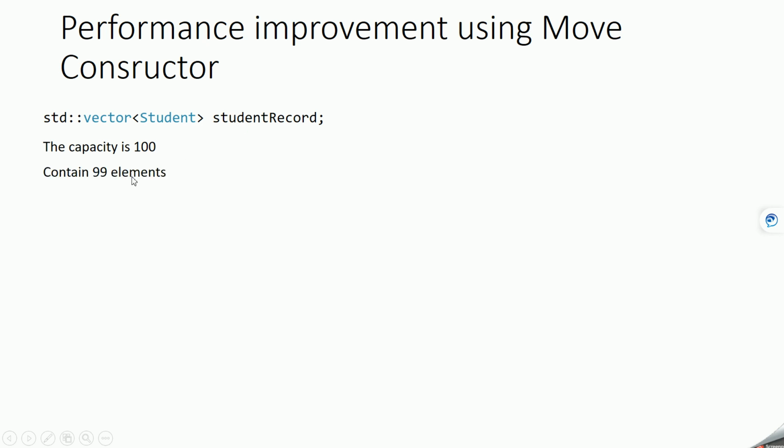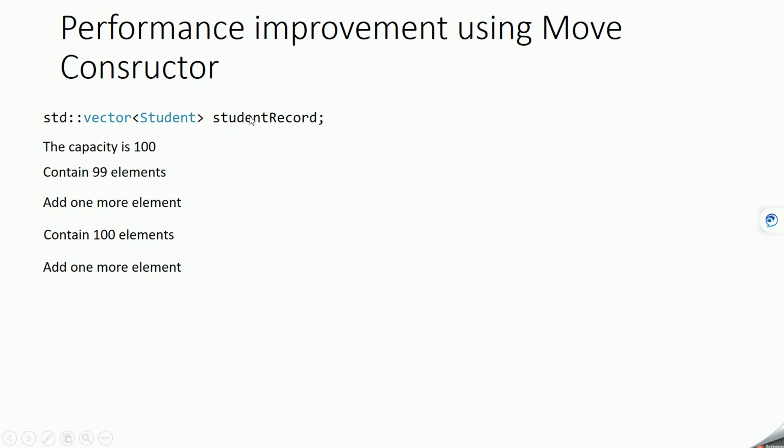So out of 100, this vector already has 99 elements, and now we'll add one more element. Then this vector will have 100 elements and its capacity was 100. So this vector is now fully occupied.